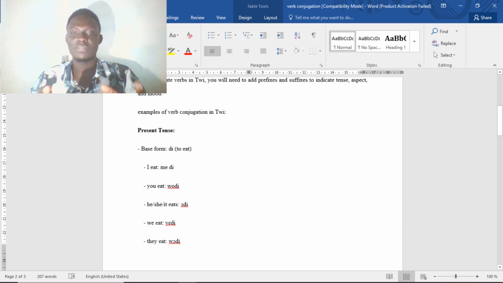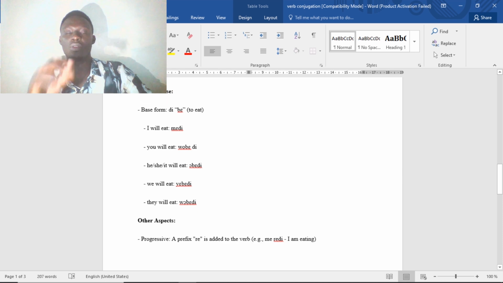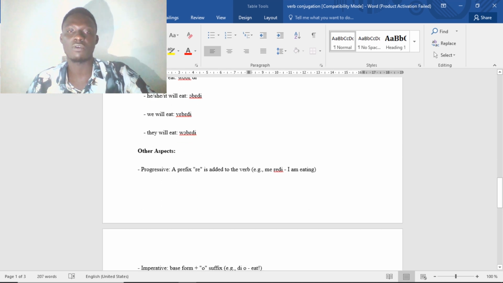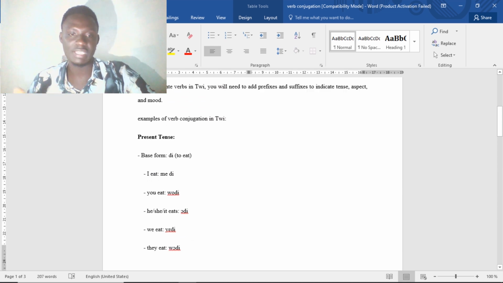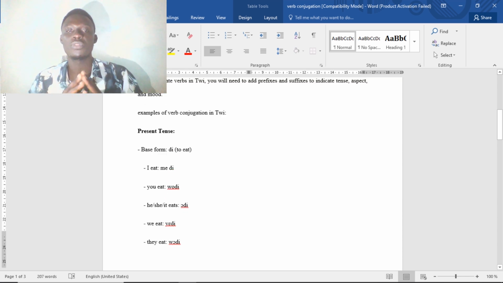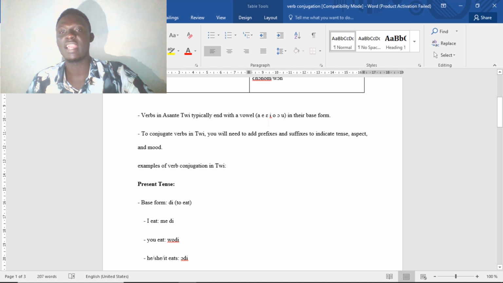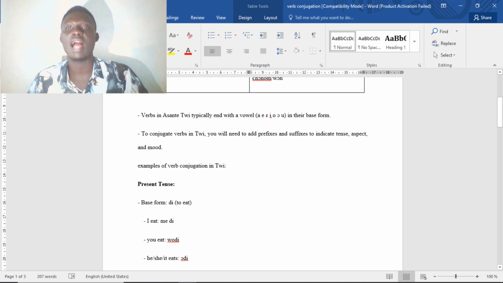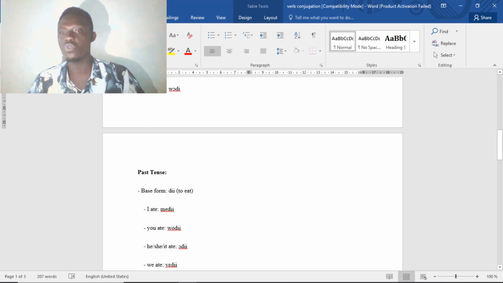So that is one verb that we've seen how to turn into the past form, present form, future form, progressive form, imperative form, and all that. And the rule goes through with all the verbs. So you see a verb that ends with a vowel, and these are our vowels: a, e, i, o, and u.